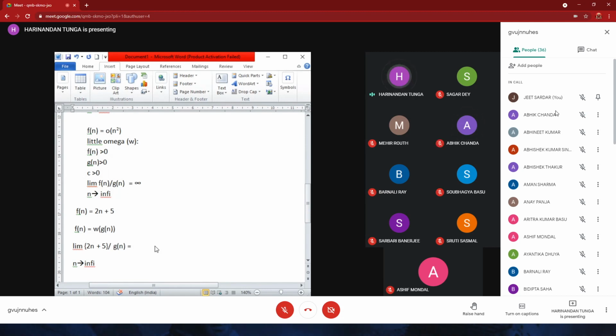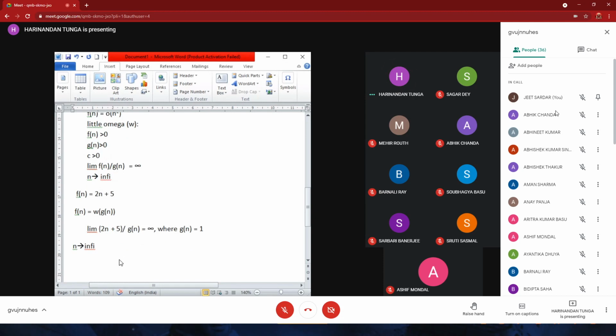Yes, 1. তাহলে এটা ইনফিনিটি তখনই হচ্ছে where the value of gn equal to 1. So, what is the value of fn in terms of little omega?